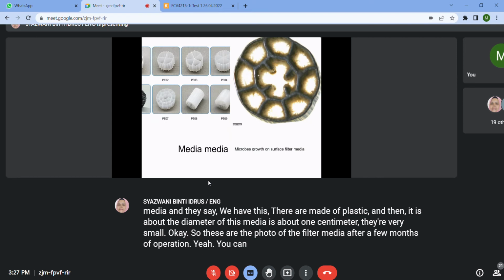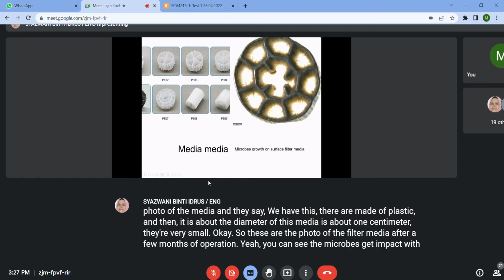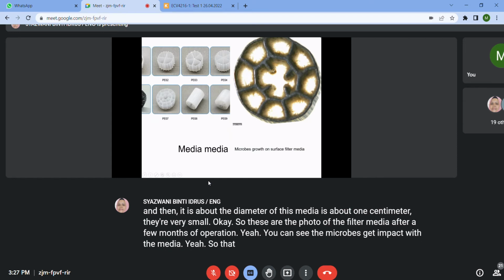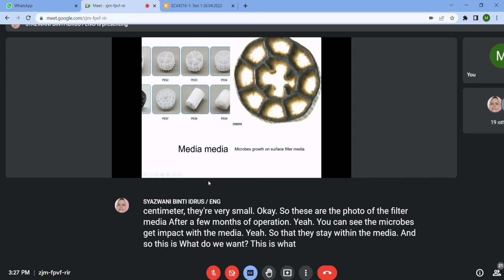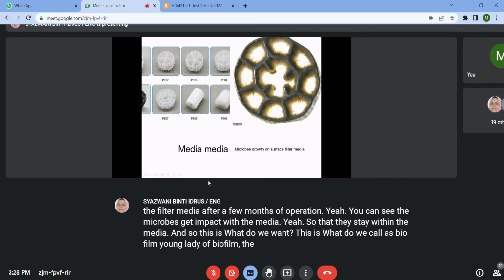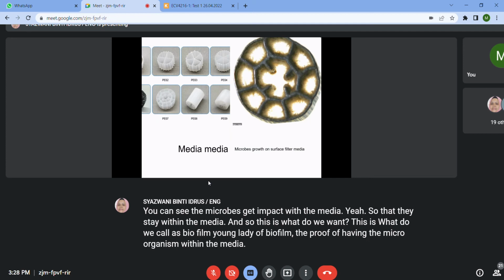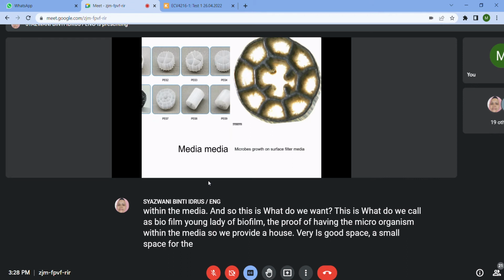You can see the microbes get attached to the media, so that they stay within the media. This is what we call biofilm, a layer of biofilm, the proof of having the microorganisms within the media. So we provide a house, a good small space for the microbes so that they will feel secure to stay within the media.